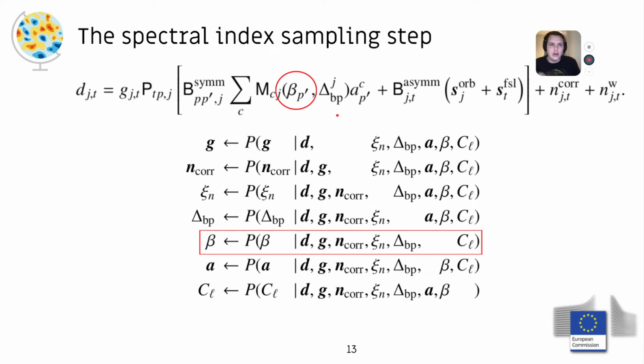So as you know, the full data model used in Commander is a lot more complicated than what we've seen so far. And we sample each of these parameters using separate methods. And for spectral index sampling, which is the topic of this lecture, we have this sampling step right here. So we freeze all the other parameters and we draw beta. So that's the conditional distribution which we sample beta from.